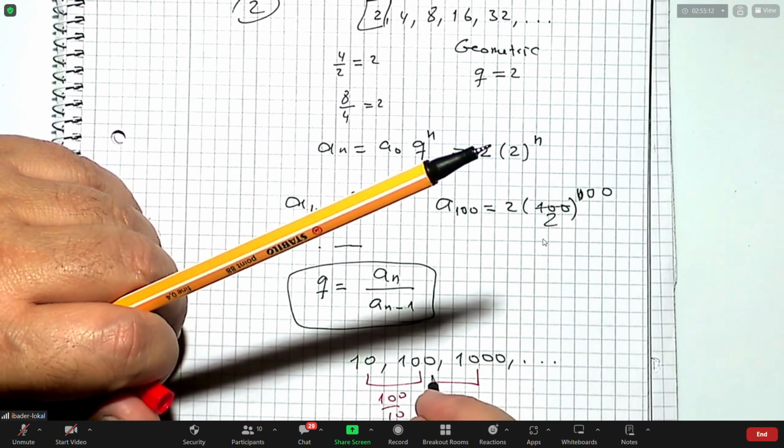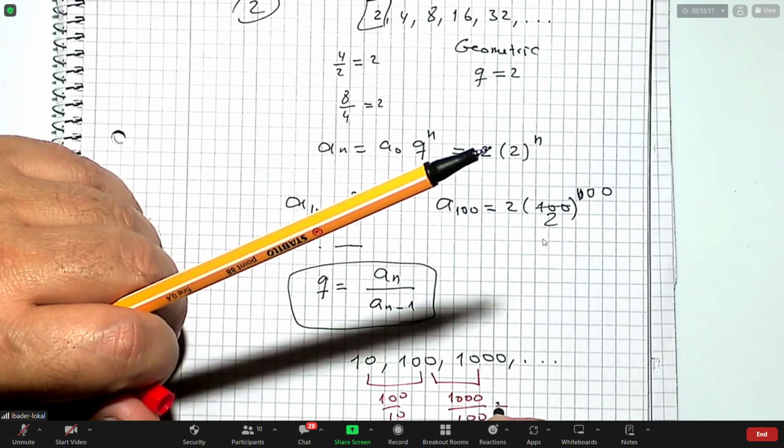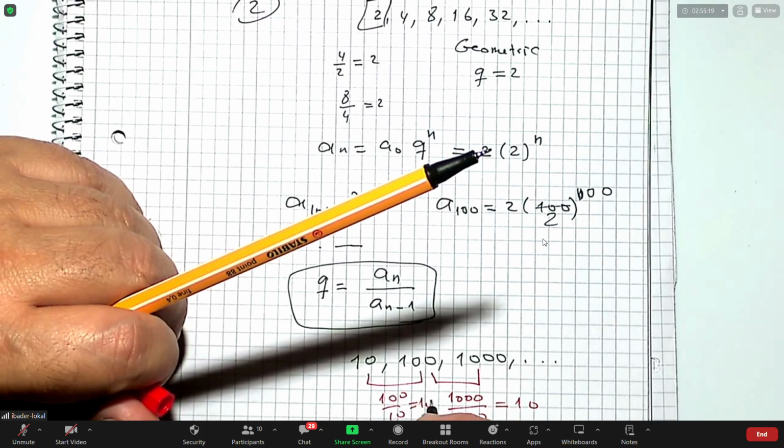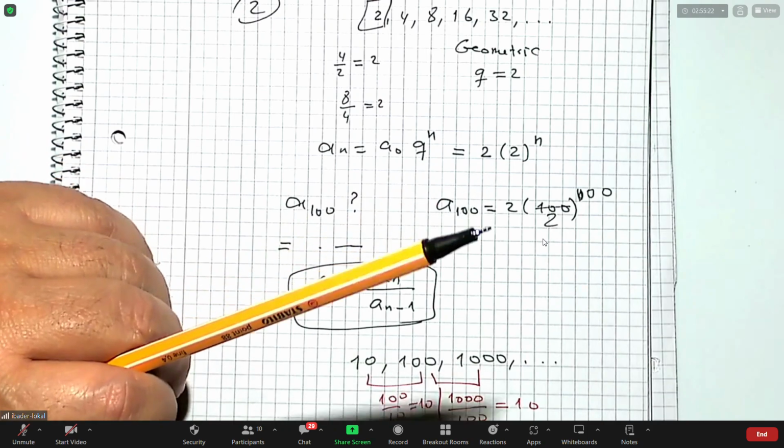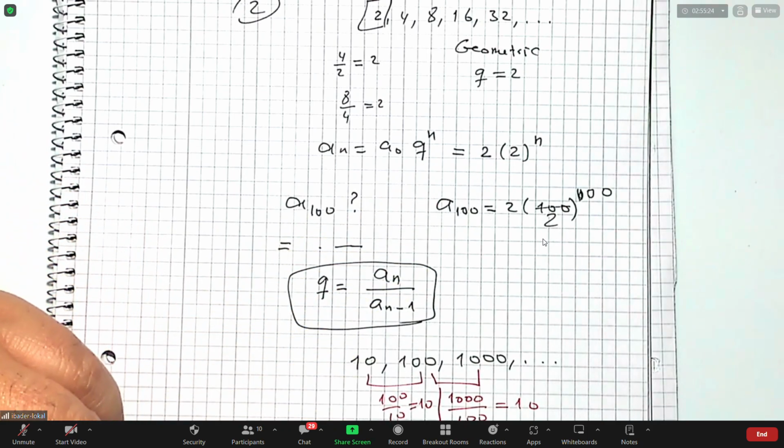Q is this divided by that: 1000 divided by 100. So dividing two successive terms, this is the ratio Q. Got it? Okay, I will repeat it after the break. Let's take the break now.